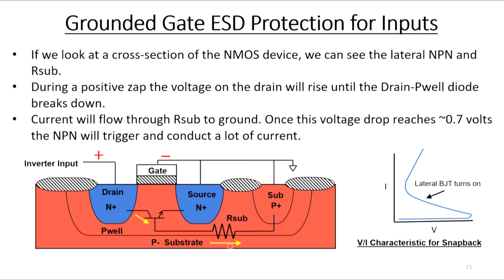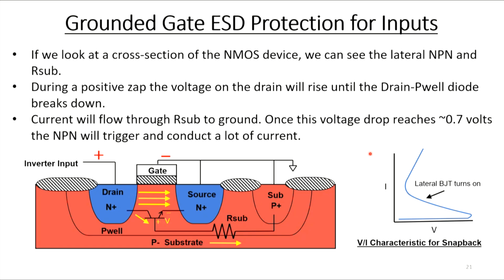R sub is in parallel to the base emitter diode of the bipolar. If you get 0.7 volts across R sub, it's going to turn on that bipolar, and now you're going to get a lot of current flowing through the bipolar.